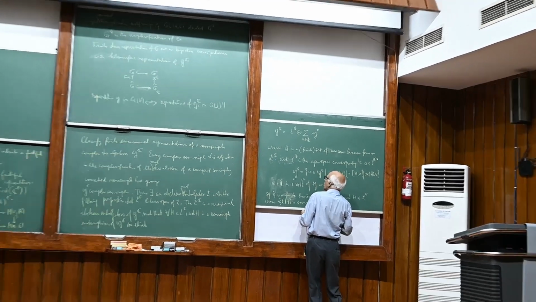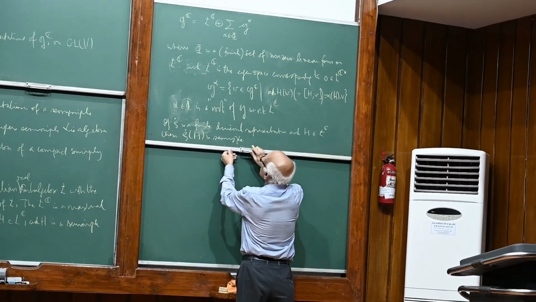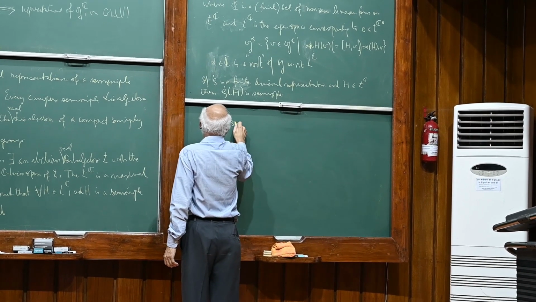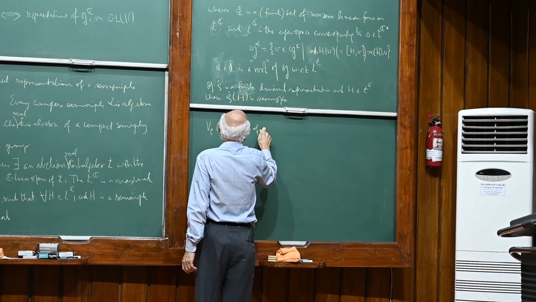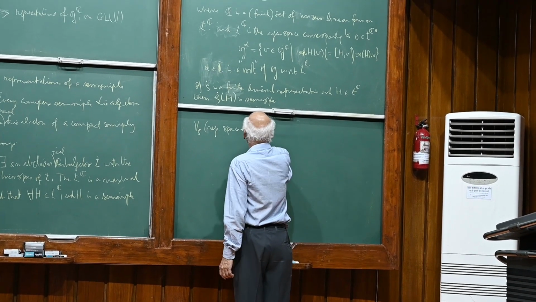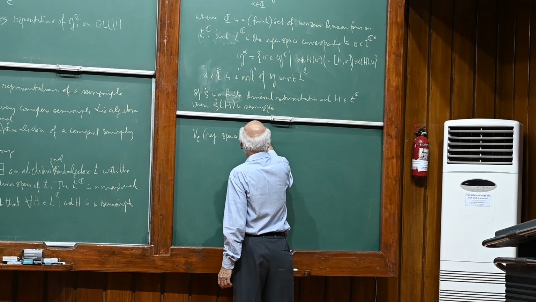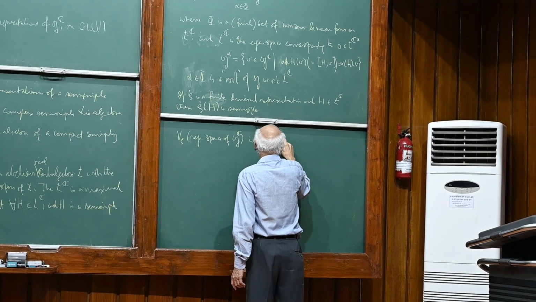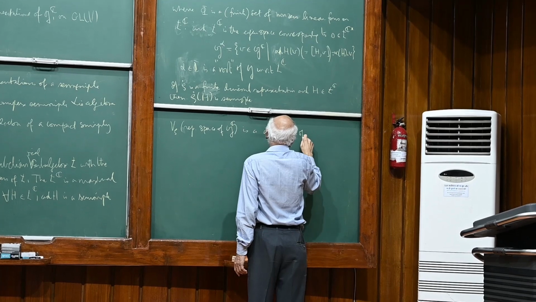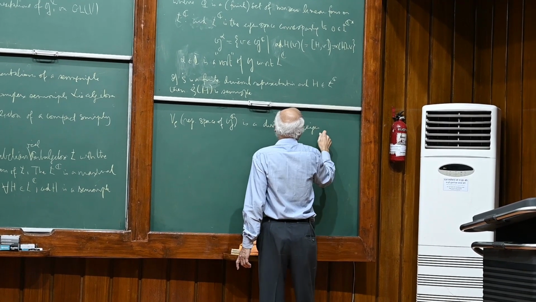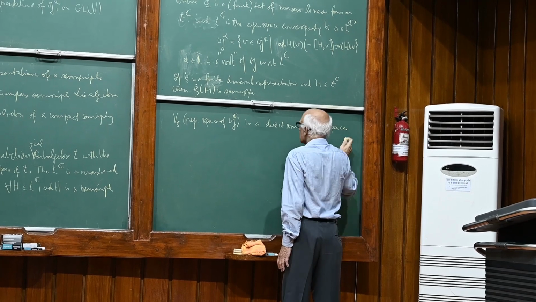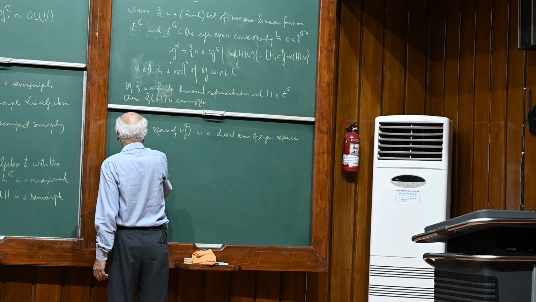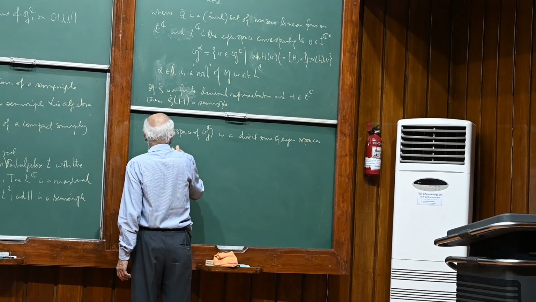So it follows that the representation space of G_C is a direct sum of eigenspaces for rho of T_C.